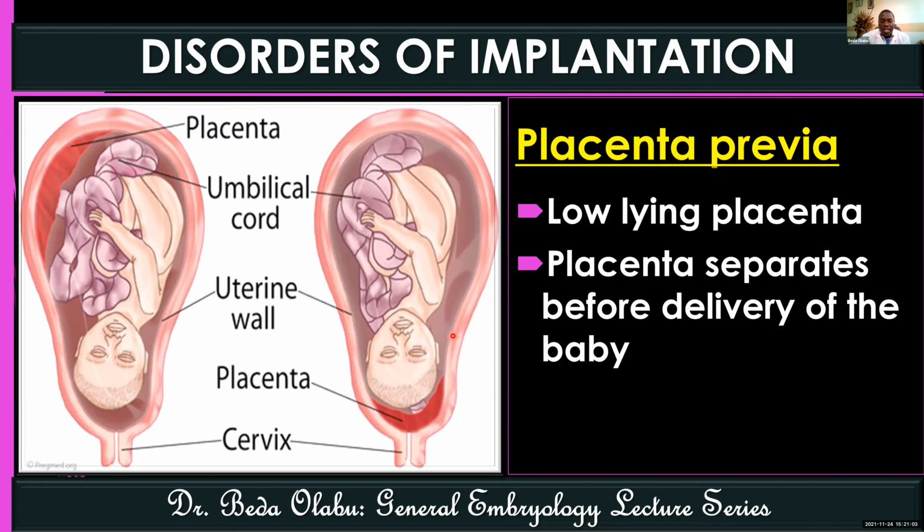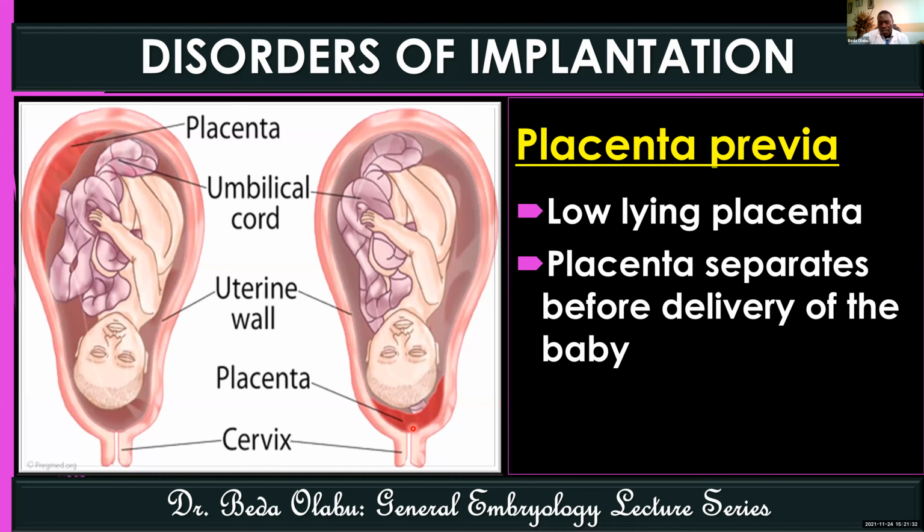Well, there are different degrees of placenta previa, but let's look at this one, which we call grade 4, where the placenta is obliterating the internal os, the cervical canal. If this baby is to be born, this placenta will have to separate first and maybe come out before this baby can come out.